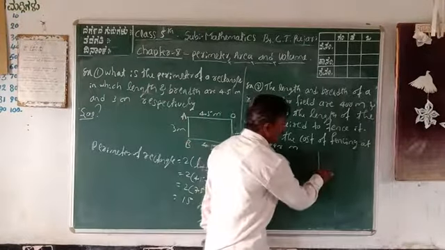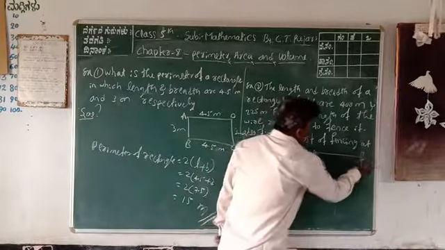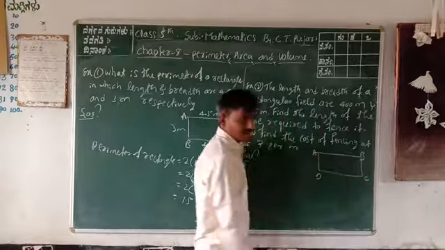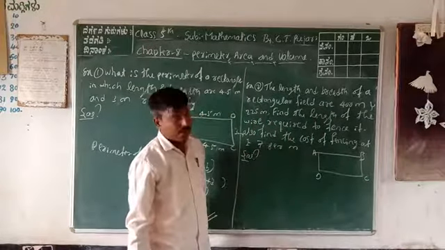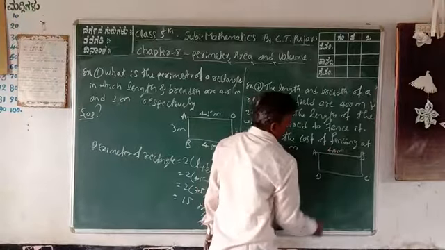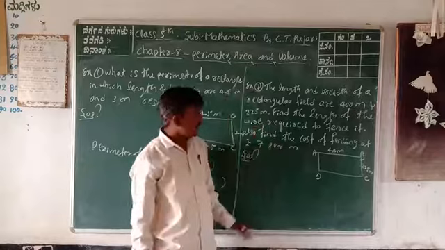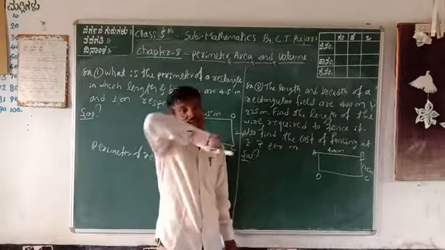Okay, listen here. One rectangular field, this is ABCD, the rectangular field. The length and breadth are given. Length is 400 meter, breadth is 225 meter. Okay, you can take wiring around the total rectangular field.